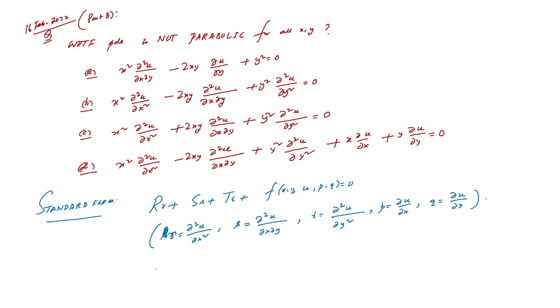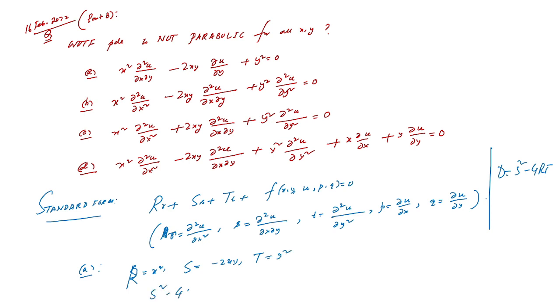Okay, so now you compare for option B. You just calculate the discriminant s square minus 4rt. For option B, your R is x square, S is minus 2xy and T is y square.